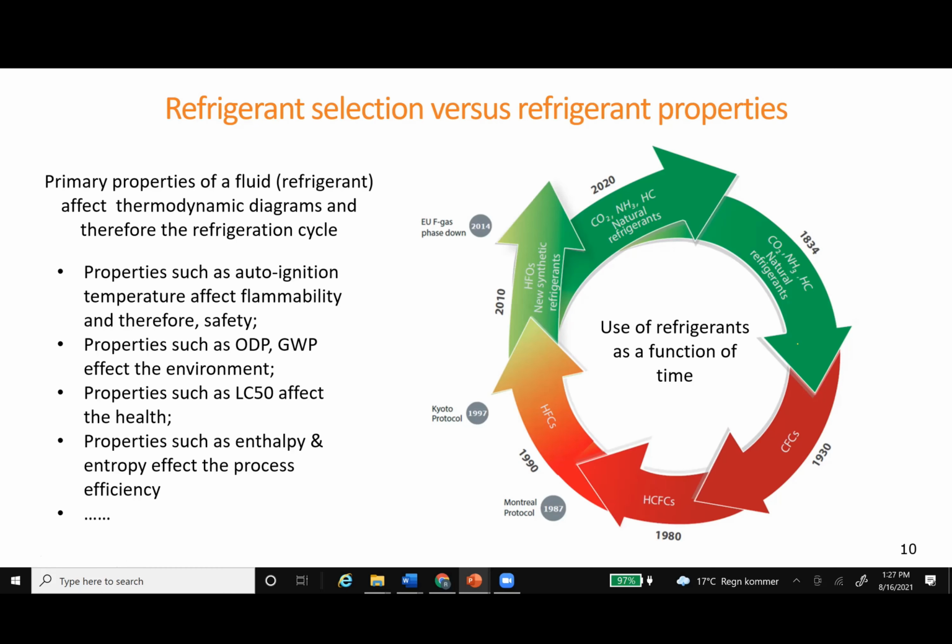And also from a point of view of environment and the effect on the environment, one could think of how many refrigerators and how many air conditioning systems are operating in the world. And when they stop operating, what happens to the refrigerants? Are they released to the atmosphere?